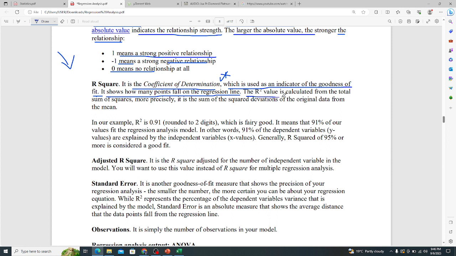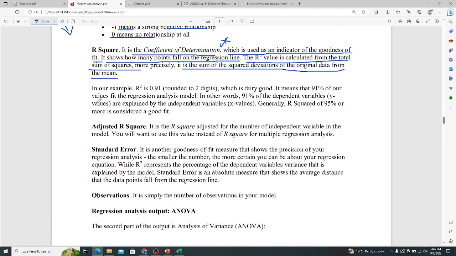The R squared value is calculated from the total sum of squares, that is, the sum of the squared deviations of the original data from the mean. In our example, R squared is 0.91 rounded to 2 decimals, which is fairly good. Why? Because it means that 91% of our values fit the regression analysis model.